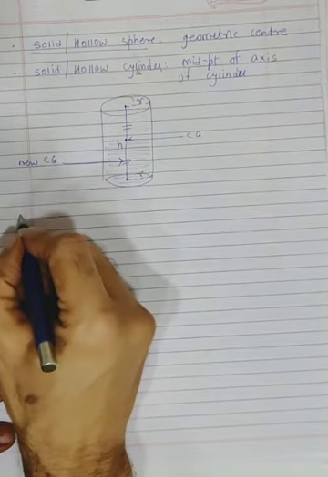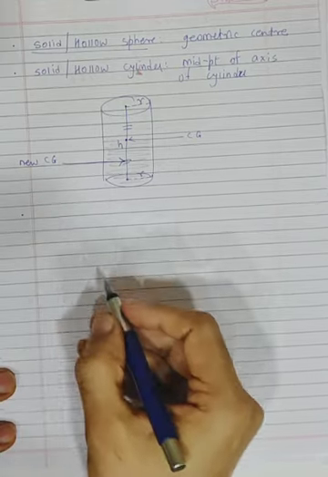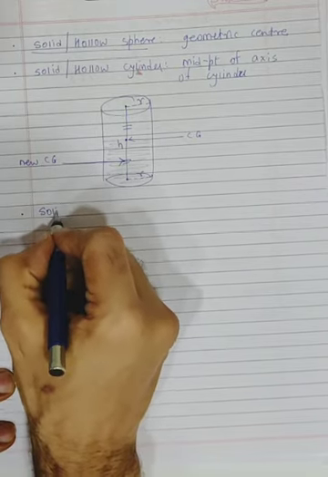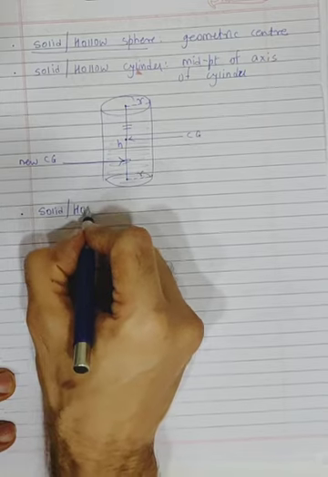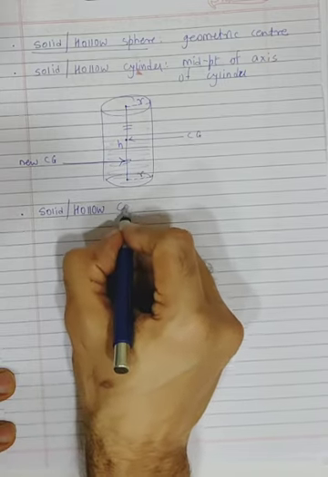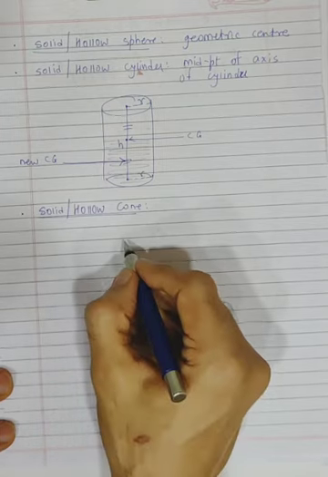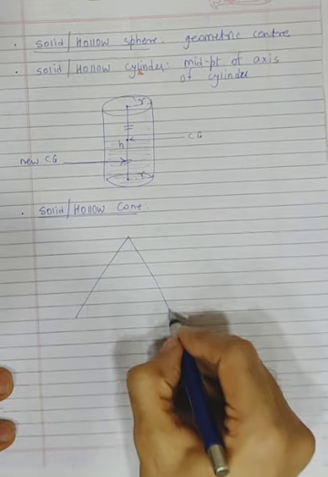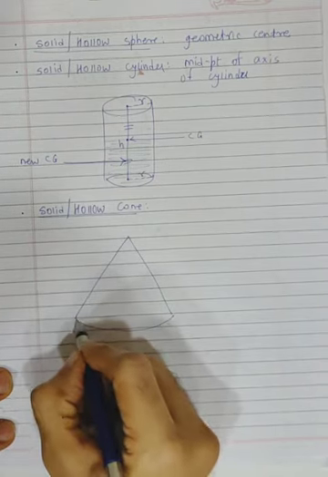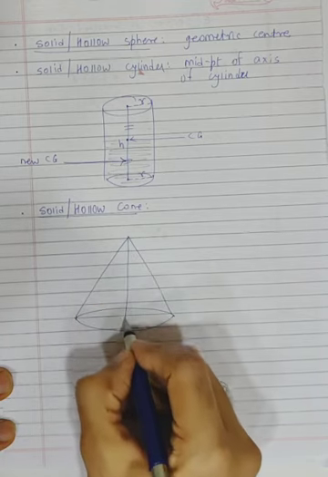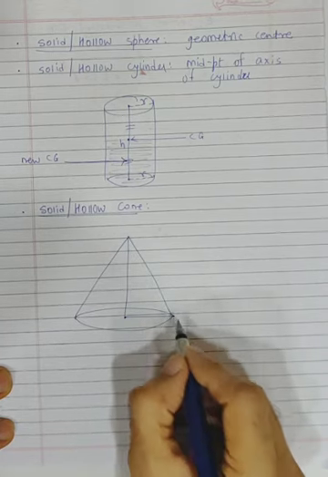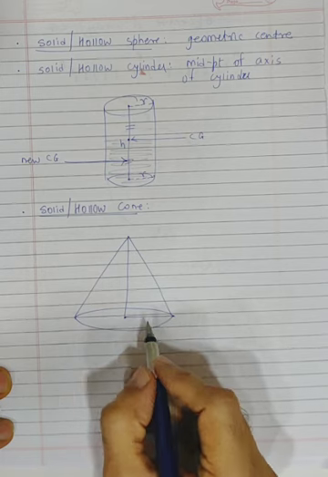Then the next one is, where is the center of gravity for a solid or for a hollow cone? Guys, now in a cone, the center of gravity will be different for a solid, as well as for a hollow.